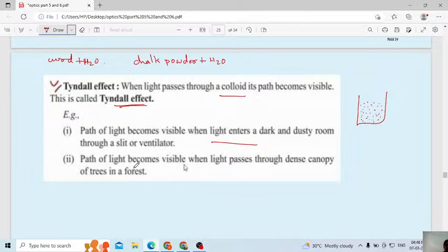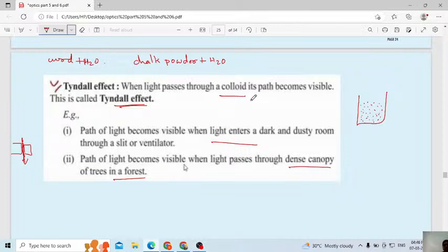Next, the path of light becomes visible when light passes through a dense canopy of trees in a forest. Even in a very thick forest, the light rays do not enter easily; only through a small space, like a slit. If light rays enter through that small space, we consider it the Tyndall effect.